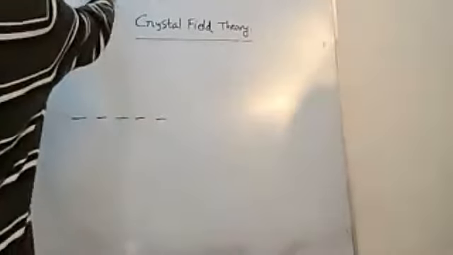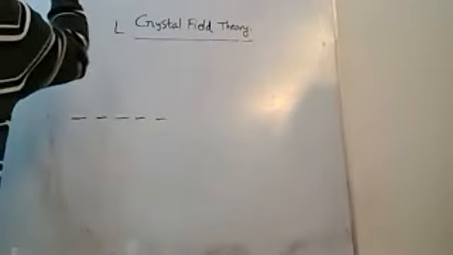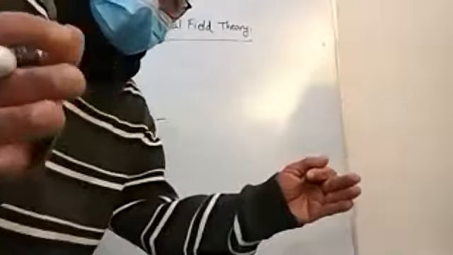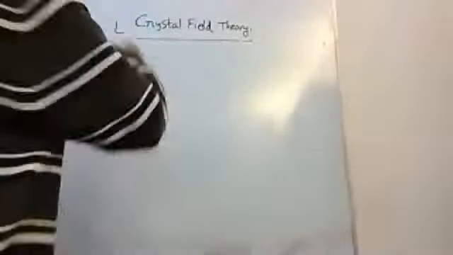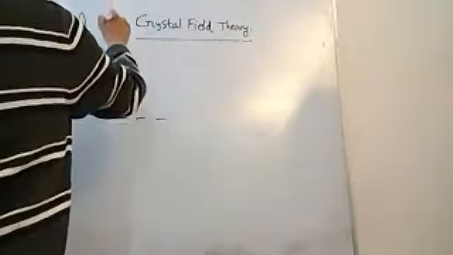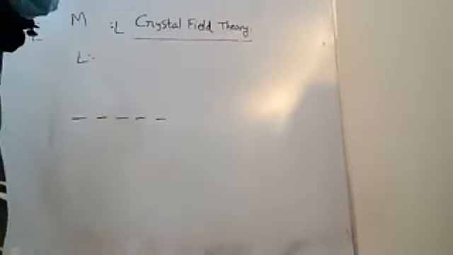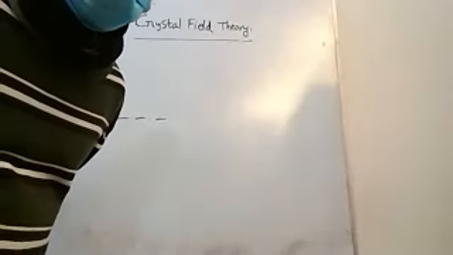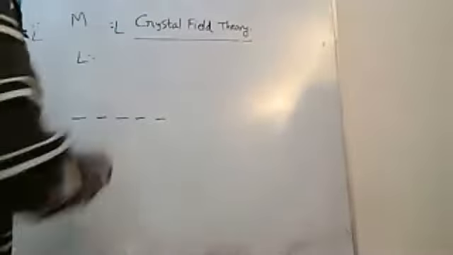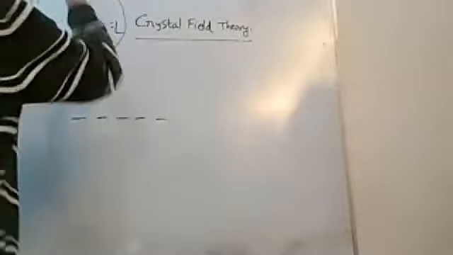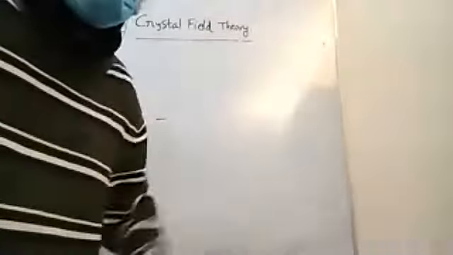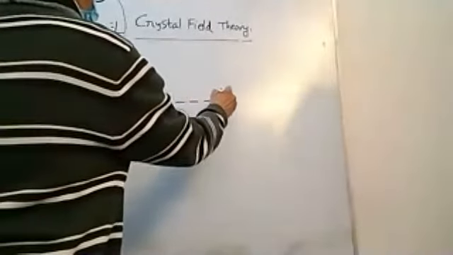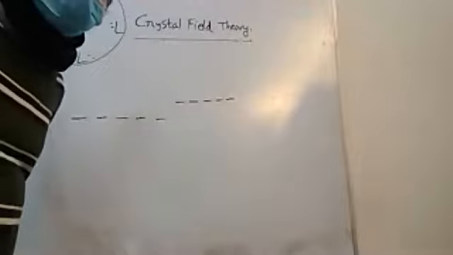Now, if I bring ligands around the metal, so I'm now bringing the ligands to make a bond between the metal and the ligand. As we all know, ligands have electrons. Remember the theory, we said all ligands are Lewis bases, right? So they have a pair of electrons that they can donate. So if they are coming from an infinite distance, like in a spherical model, the same d orbitals increase in energy a little bit.